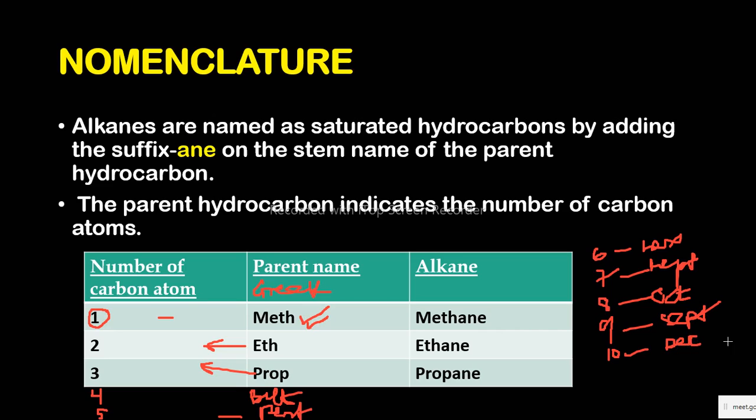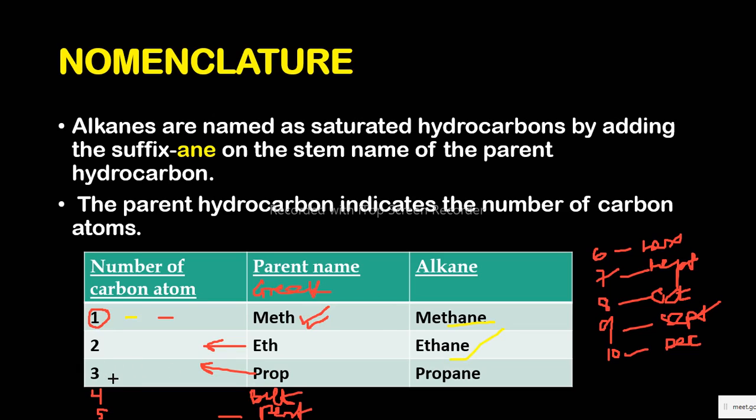Now, these are the stem names, or the parent names. And in the parent name, we just add the suffix ane. If it has one carbon atom and you add ane, it becomes methane. If it has two carbon atoms, it becomes ethane.